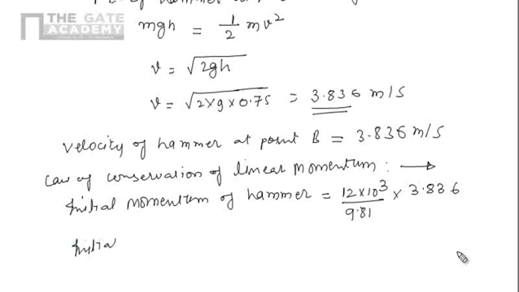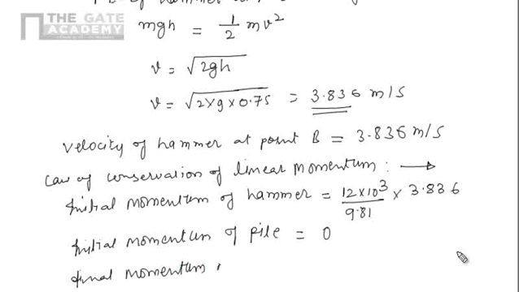Similarly, the initial momentum of the pile will be 0 because the initial velocity of the pile is 0. Similarly, we can calculate the final momentum of the system. The system will contain the pile and hammer, because after hitting, the hammer and pile both will penetrate a distance of 4 centimeter.